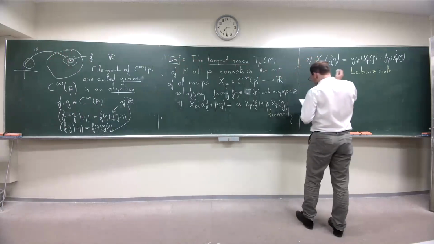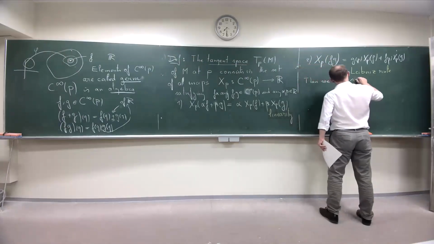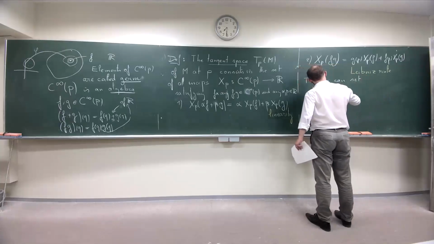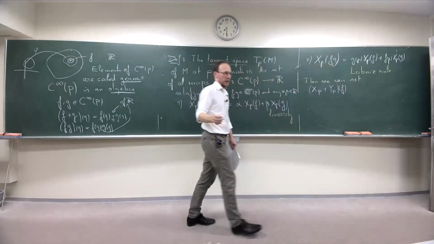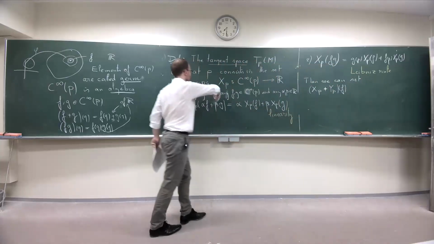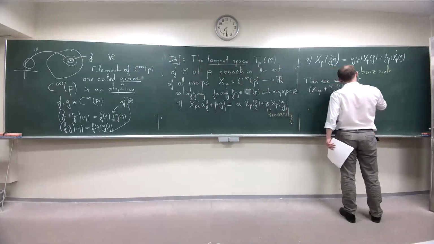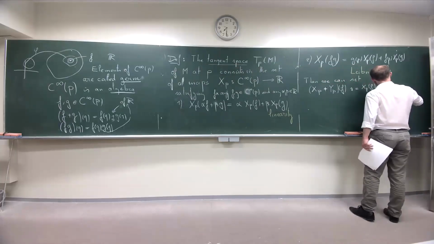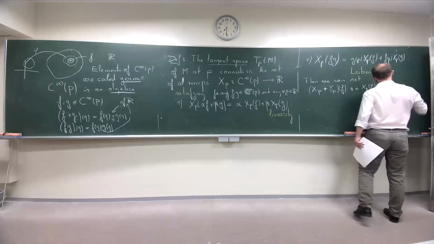Okay, still in the definition, then we can set. Now I want to write what is X_P plus Y_P on f. So I want to define an addition on this set of maps like this, and the definition is just X_P of f plus Y_P of f.